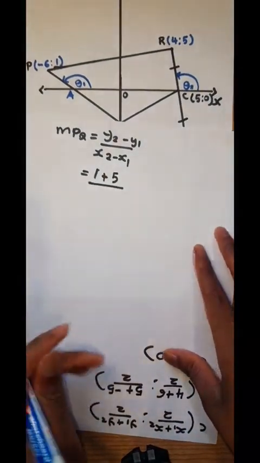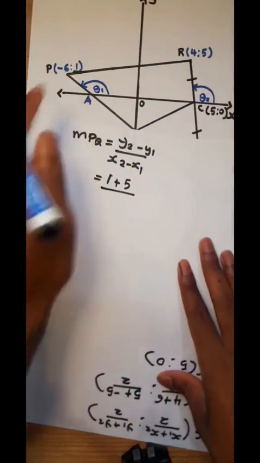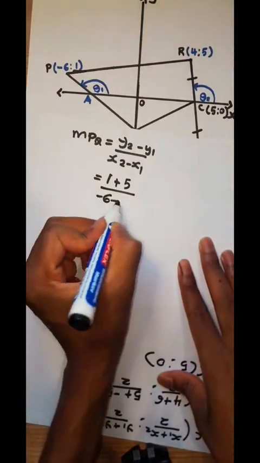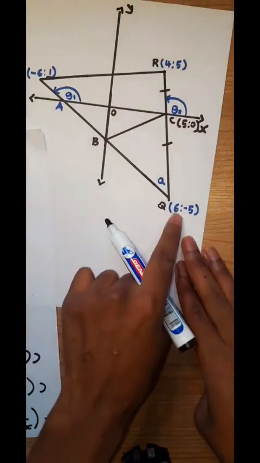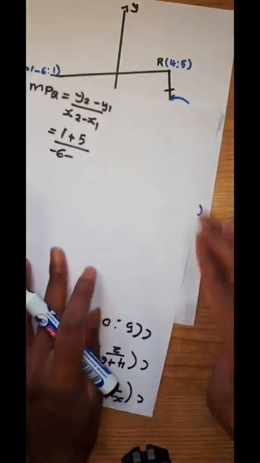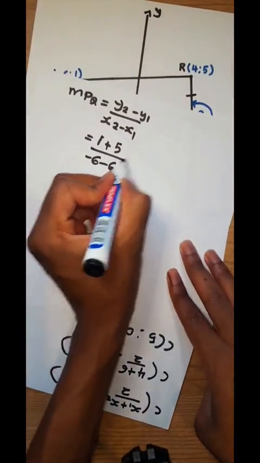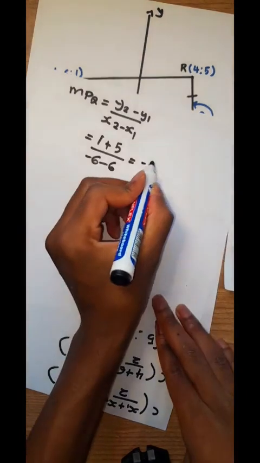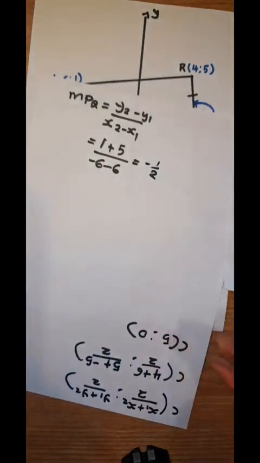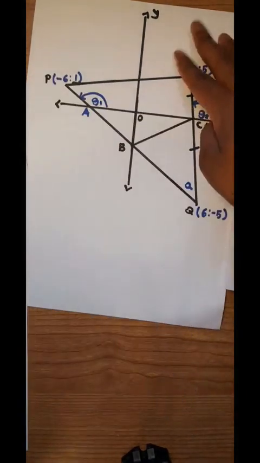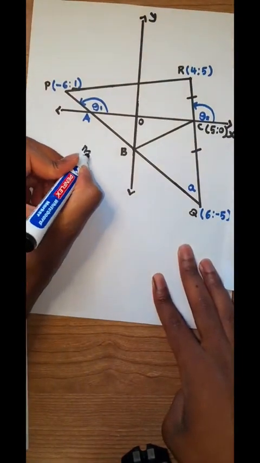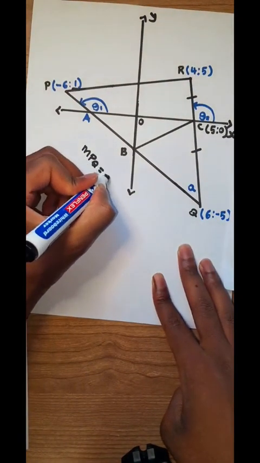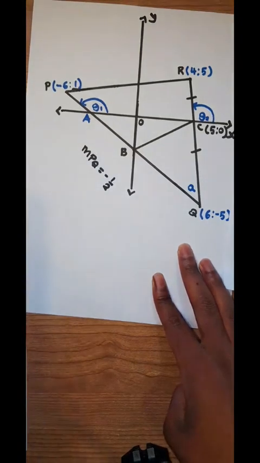The x2 is negative 6 minus the x1, which is 6. So I have (1 plus 5) divided by (minus 6 minus 6), and I get a gradient of minus 1 over 2. So I immediately come here and say the gradient of PQ is minus 1 over 2, right?